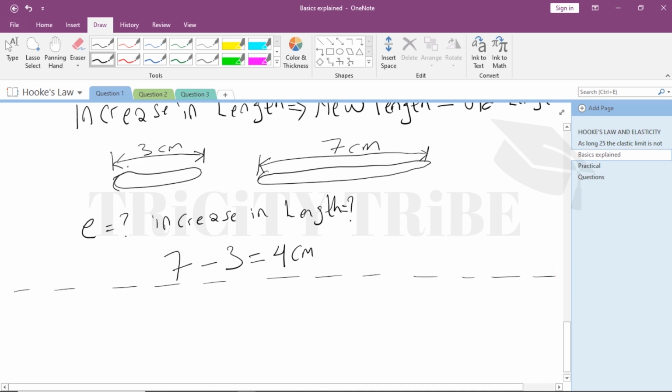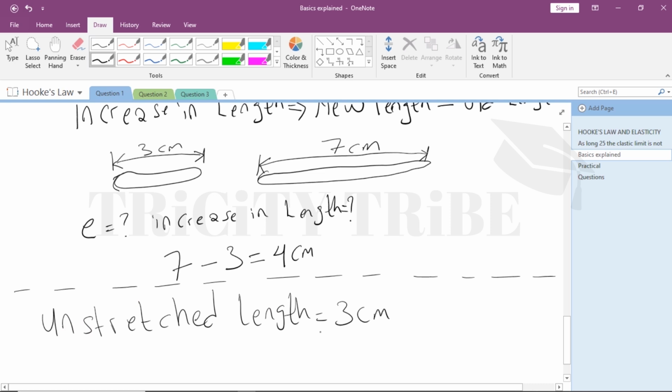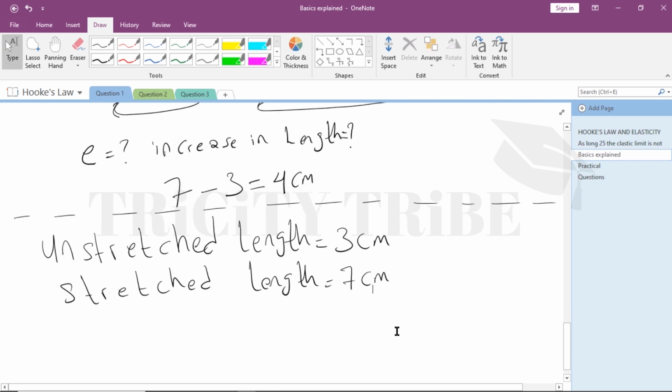Now, in this diagram I drew up here, what would be the unstretched length? The unstretched length in this diagram is 3 centimeter. Then what is the stretch length? The stretch length is 7 centimeter. Then what is the extension?